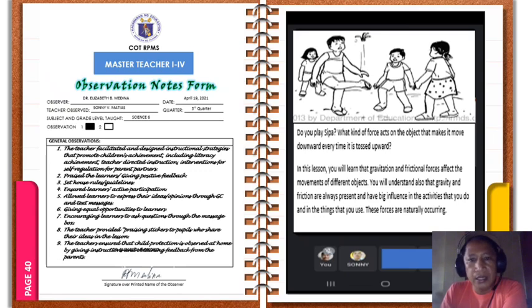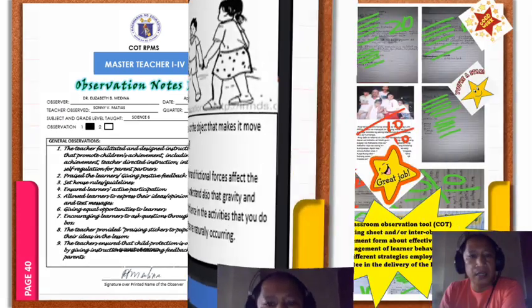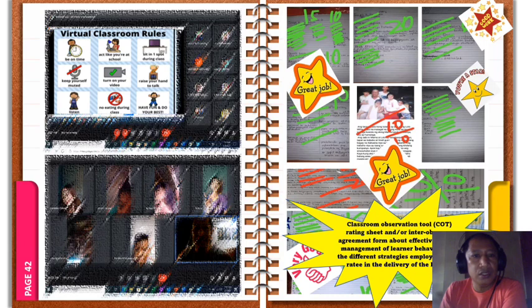Then another MOV. Yung giving motivations. So that's how the lesson motivated the learners. Question. This is also the setting of virtual classroom rules sa online and sa bahay as well.